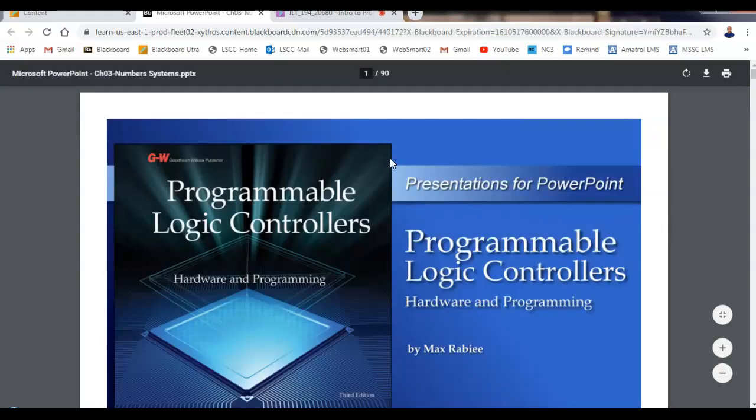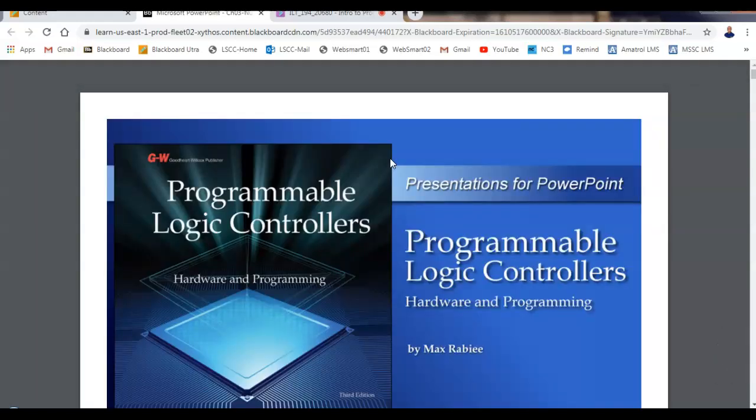So numbering systems are basically how we represent numbers. We know the decimal numbering system, which has digits 0 to 9. Computers don't know the decimal numbering system. PLCs don't know the decimal numbering system. They use a numbering system called binary.